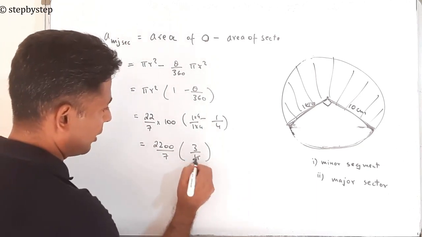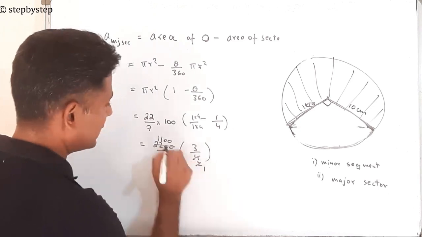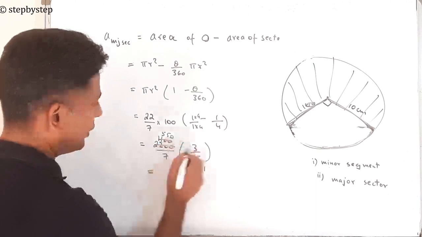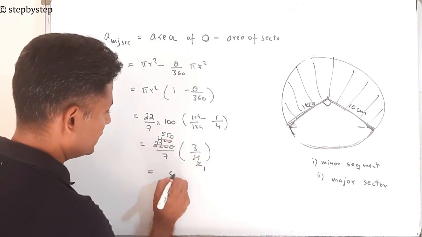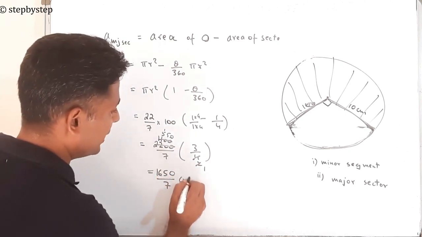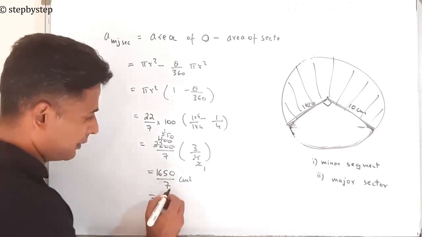So we get 2200 by 7 into 3 by 4. Simplifying, we get 550 into 3 by 7, which is 1650 by 7 centimeter square. Again in your textbook they have put it in decimals. All you have to do is divide.